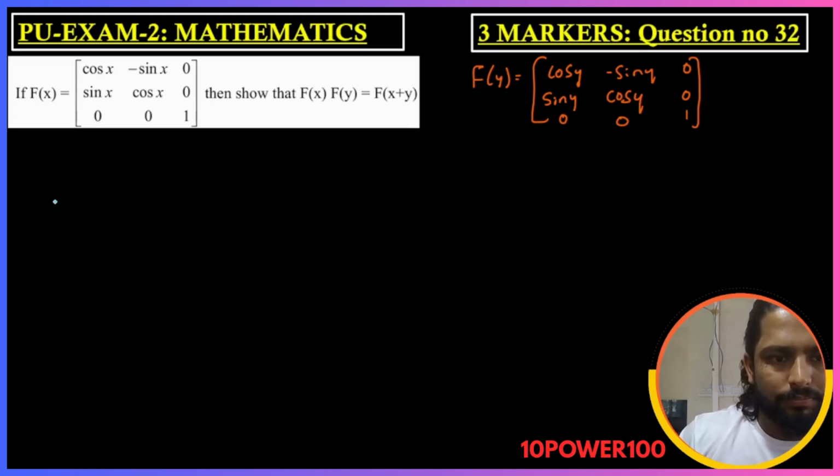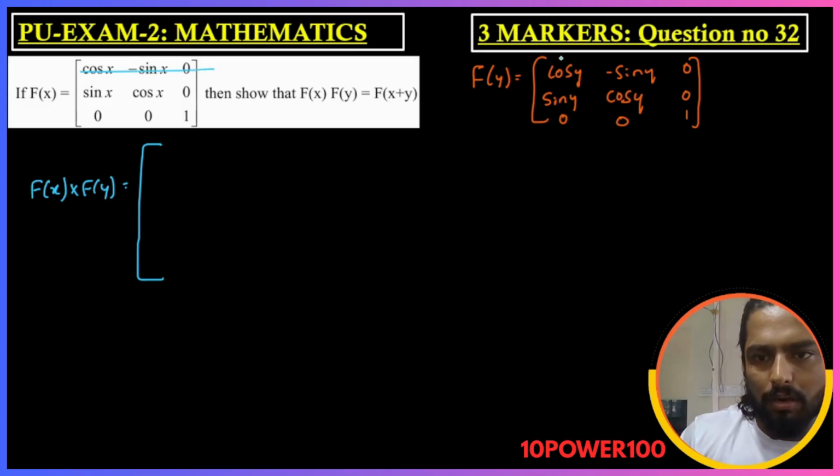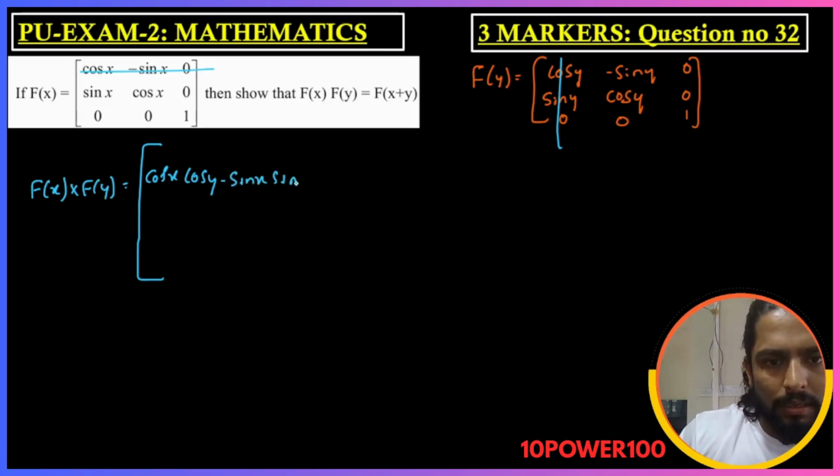So f of x into f of y, we get a big matrix now. Okay, so cos x, this row into this column. So cos x into cos y is cos x cos y minus sin x sin y.